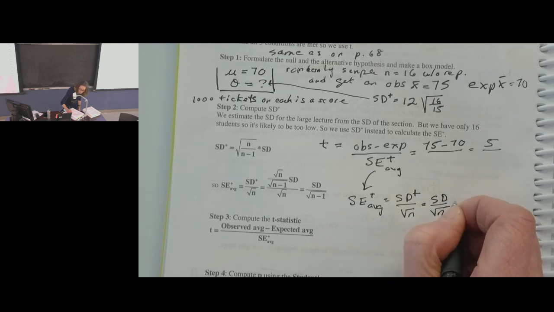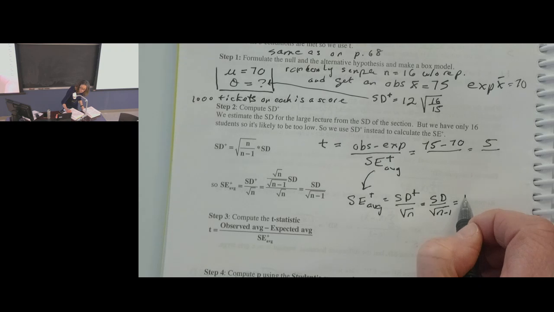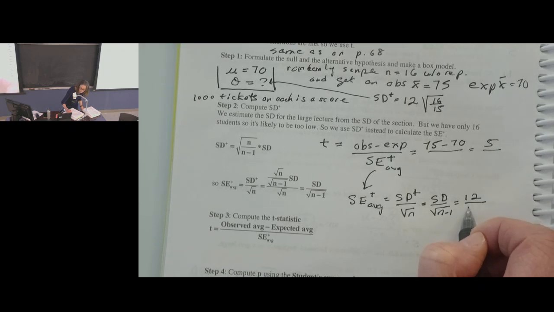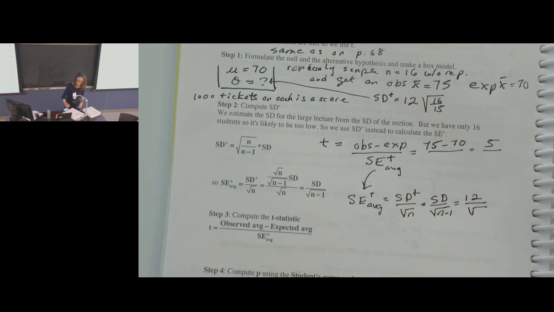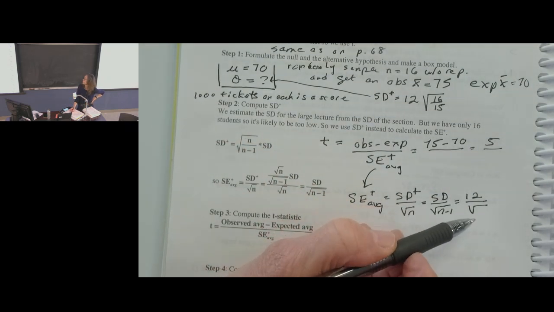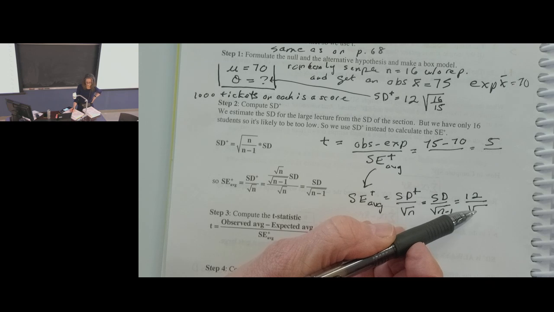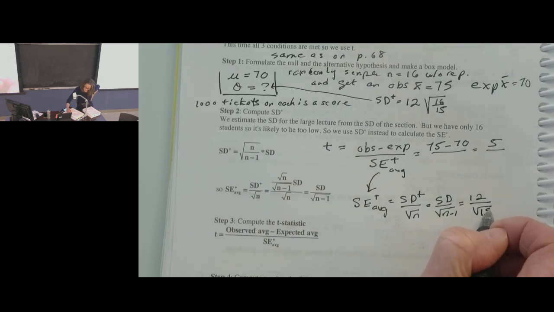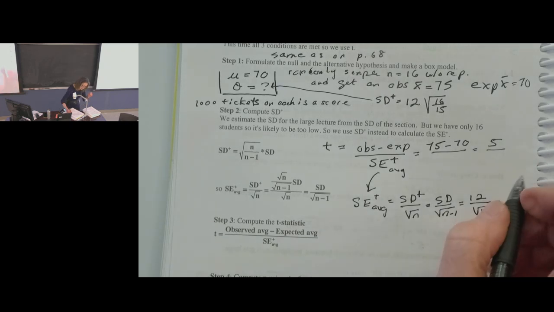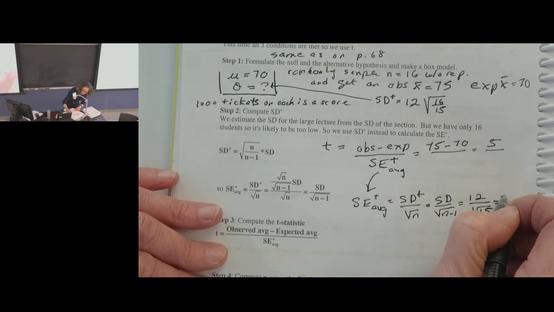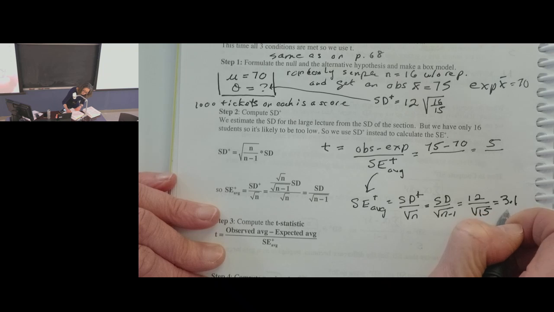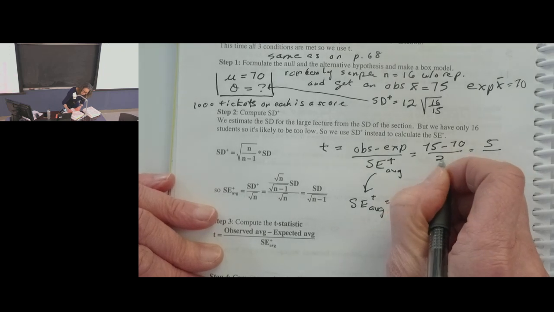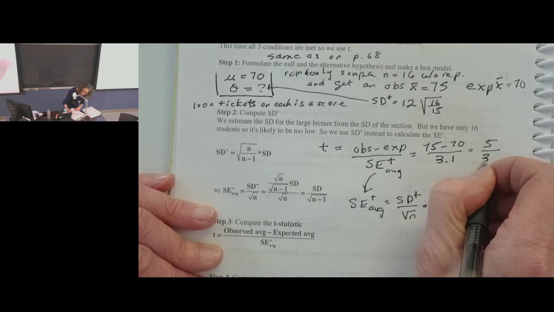So you could do that too. And that's just easier for me. It's 12 over the square root of, instead of saying 12 over the square root of 16 like we usually would do, what do we put down there? 15. So that's the same answer. And so I got approximately 3.1. And that's what goes here, and that's what goes here.